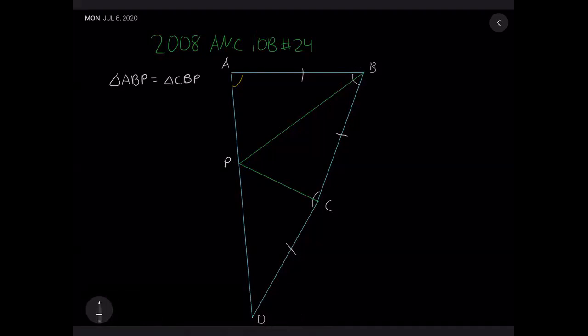For the same reason, triangles CBP and CDP are congruent. It's the same logic. There we go.